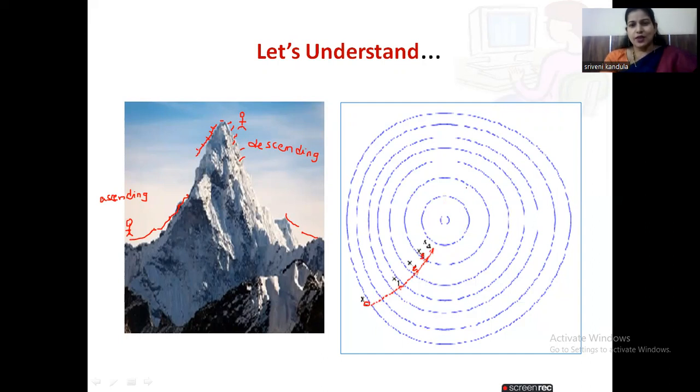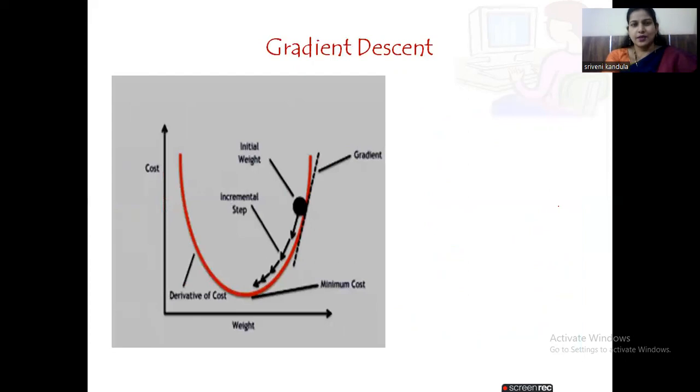The same thing will happen in the other direction also. Initially the step size will be very small, then a little more, and then even more. Like this, slowly he will get down. We are interested in the descending part. With this illustration, I hope you can get into the concept. Let's get into the original concept.